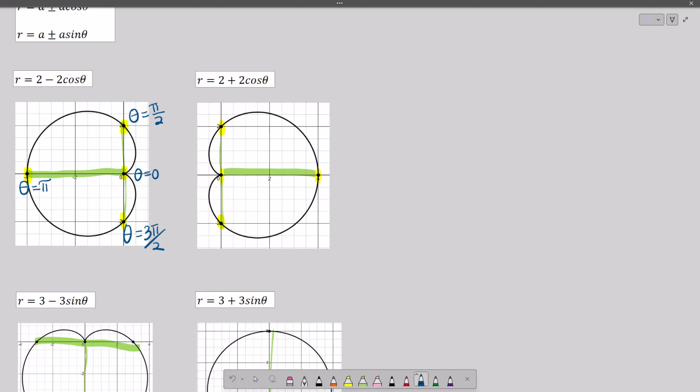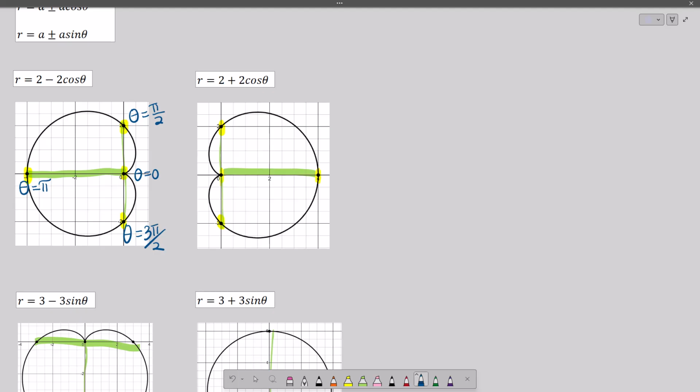If r is positive, we go in the direction of that angle. So 3 pi over 2 is our directed angle, and if we get a positive radial value, we're going to go in that direction. If we had a negative 2, we would bounce. But if we have a positive radial value, we go in the direction of the terminal ray.